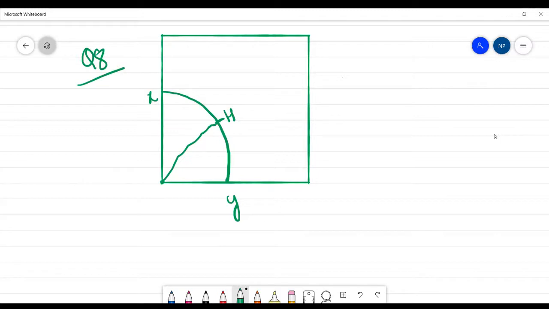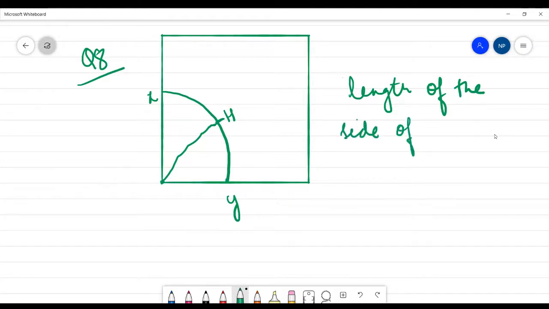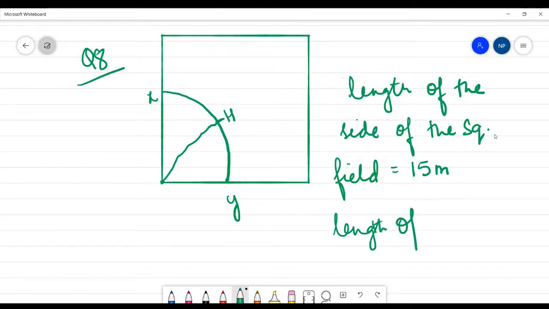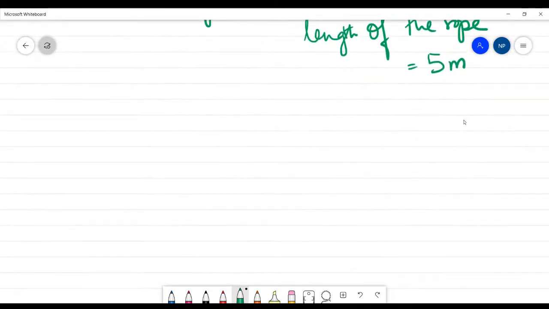So we will write: length of the side of the square field is 15 meters, tied by a long rope that is of 5 meters. So length of the rope is 5 meters. Alright, let us start with the first one.